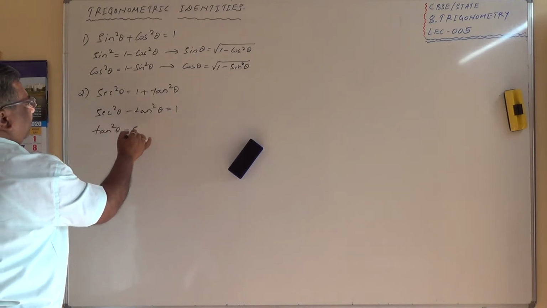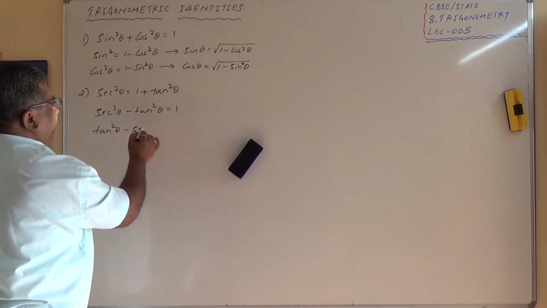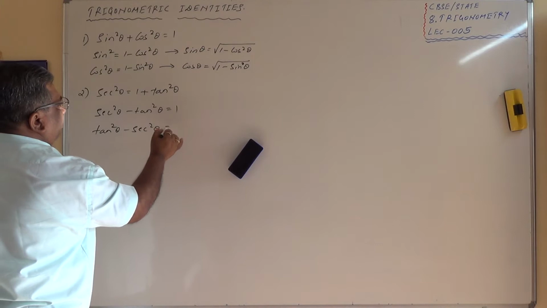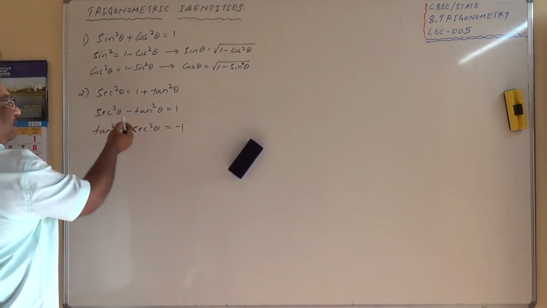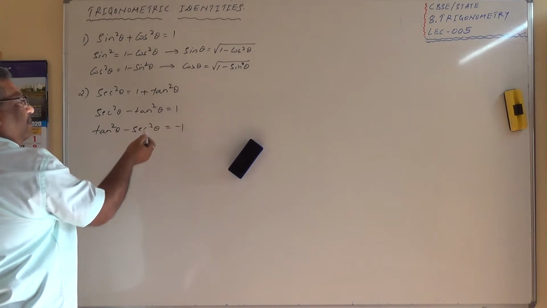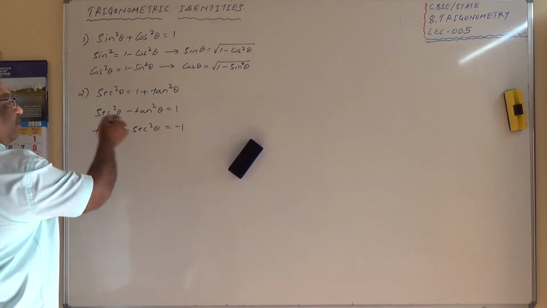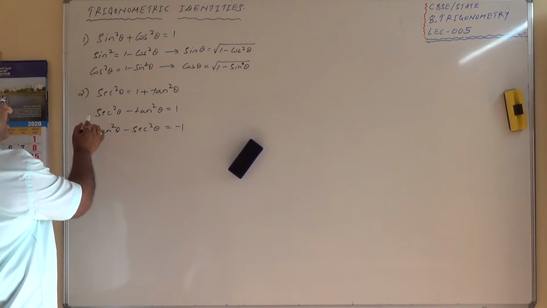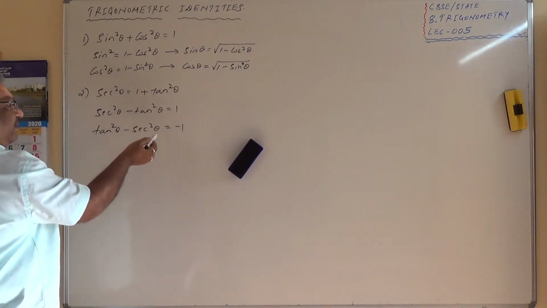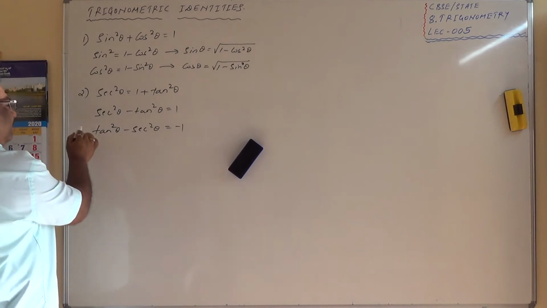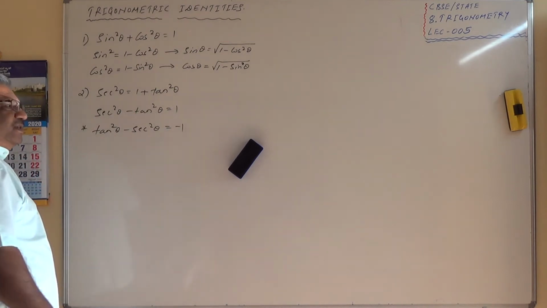Tan square theta minus sec square theta equals minus 1. I hope you are understanding this. Sec square theta minus tan square theta equals 1, but if I multiply the whole thing by minus, minus sec square theta plus tan square theta equals minus 1. That means tan square theta minus sec square theta is equal to minus 1. This is also one of the important results. Sometimes I use this.